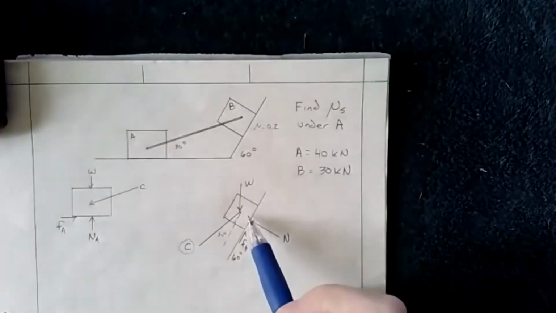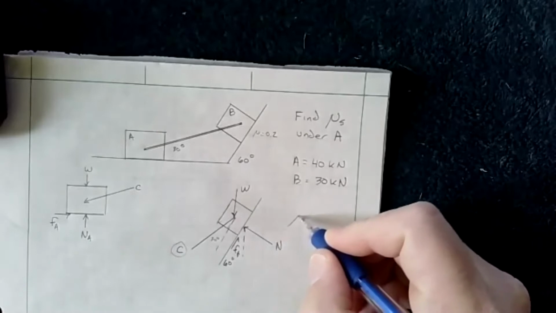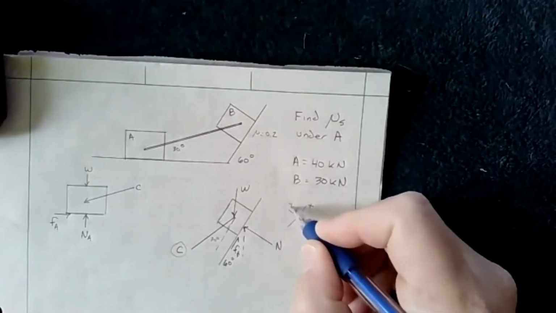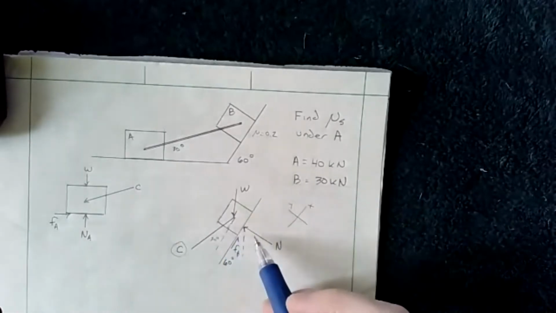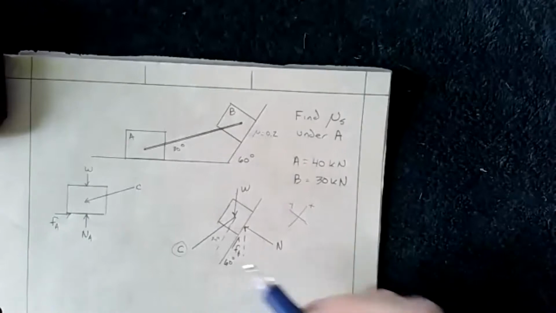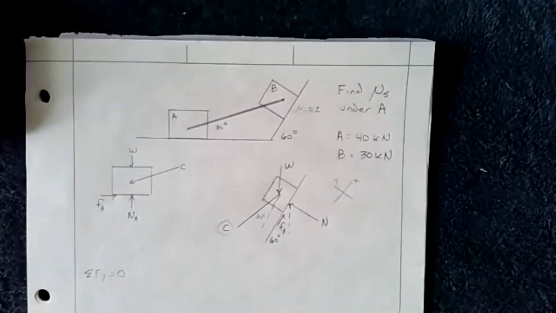So if we look at block B, in this case we're going to, again, tilt the axes. So I'm going to tilt the axes so that it looks like this. So that's my X, that's my Y, tilted along this. So N is going to be strictly in the Y-axis. So I'm going to go ahead and sum my forces in the Y to 0.